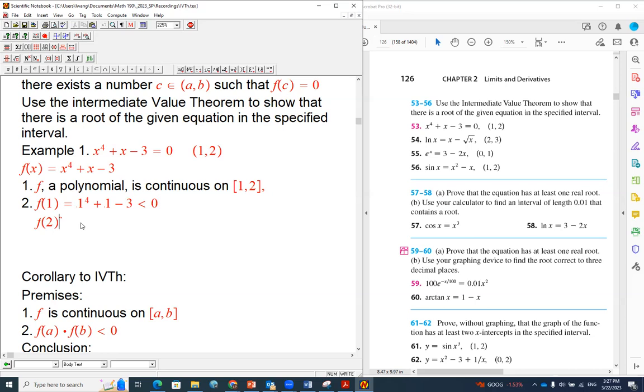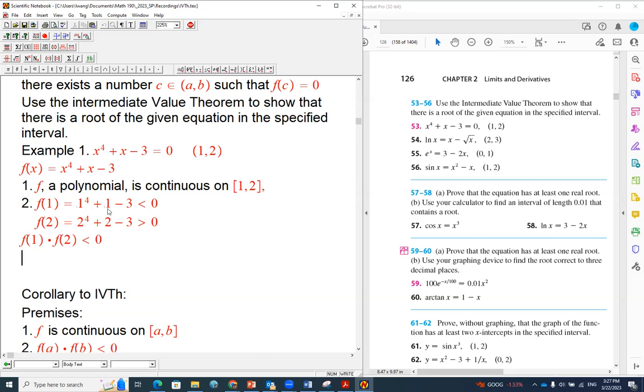You don't have to give the exact value. Then we evaluate f of 2. When x equals 2, that's going to be positive. So the second condition is also satisfied, and we point that out: f of 1 multiplied by f of 2 is negative.